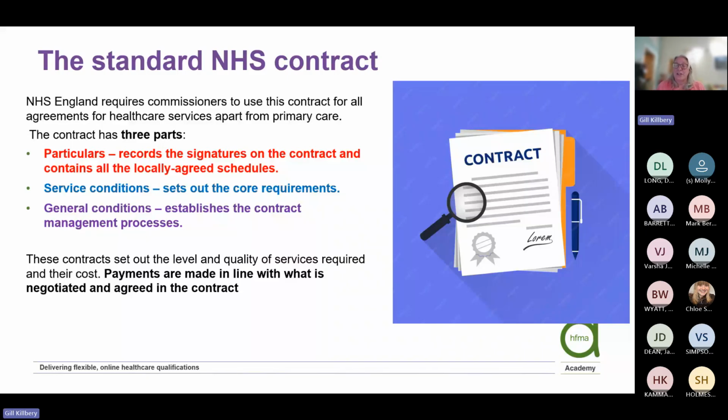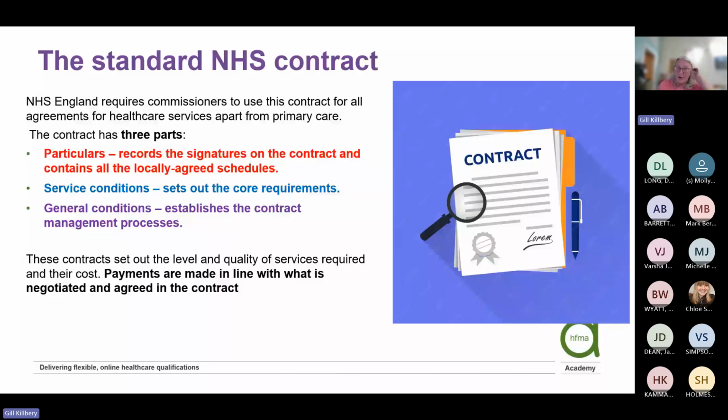We have to use the standard contract. We all know what's included in it, and we can all work to those standards, regardless of who that provision is being given to. So a provider is using the same standard contract for all the people it's providing services for. Makes it much simpler and much more streamlined.